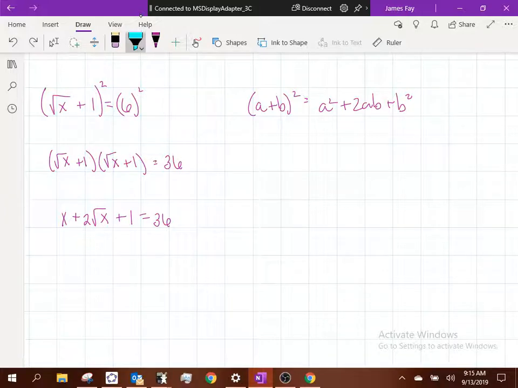So now I'm going to try 1. So trying 1, I would get 2 times 1, and then I would get 1 minus the square root of 2 minus 1. So I get 2 here, 1 minus the square root of 1.